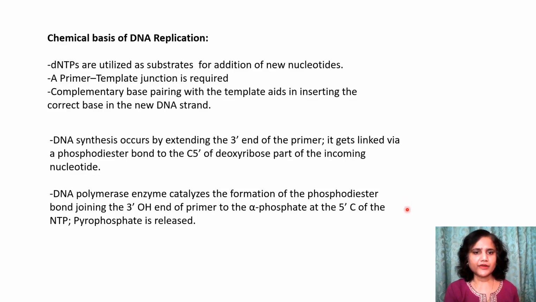The DNA polymerase enzyme is the one that catalyzes the formation of the phosphodiester bond joining the 3' hydroxyl end of the primer to the alpha phosphate at the 5' carbon of the NTP. And in this process, a pyrophosphate is released.